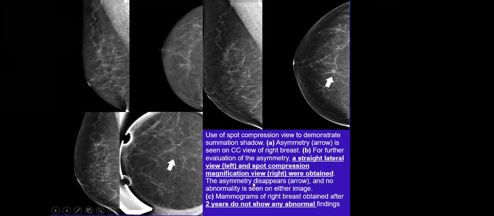They demonstrate that the asymmetry disappeared. This asymmetry is not seen on the spot or on the straight lateral view, so most likely it is a summation artifact. And even on follow-up in 2 years, it doesn't show any asymmetry.